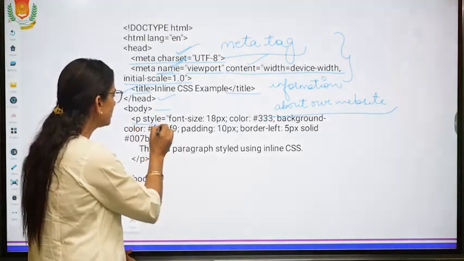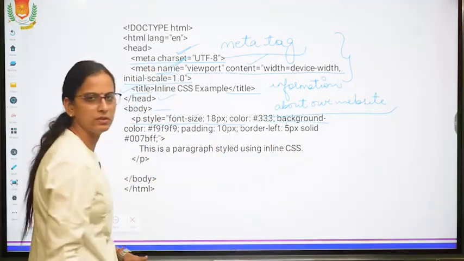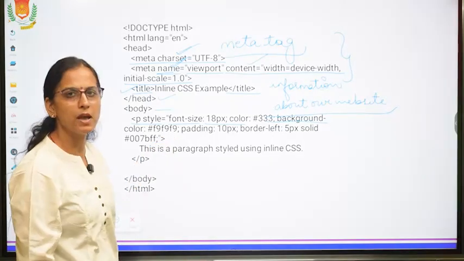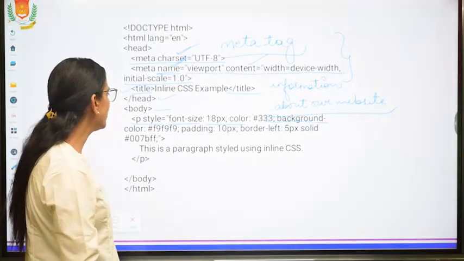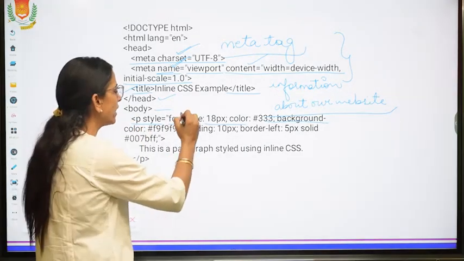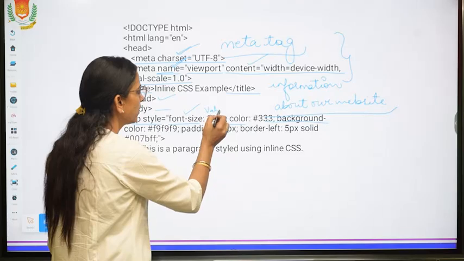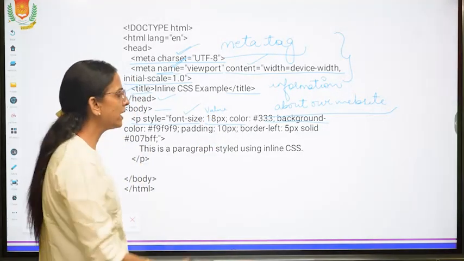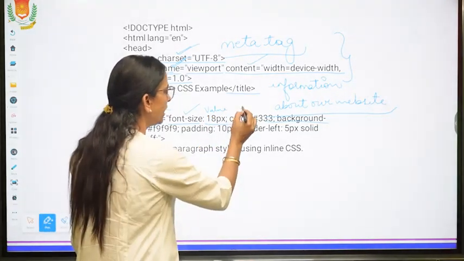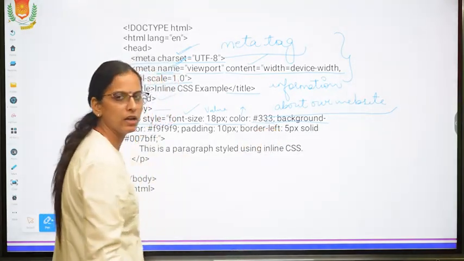This is again an inline style sheet. This is another example of an inline style sheet. Style we have taken. In the style we have taken font size, then the value for the font size. Then we have taken the color, then we have given the color code.